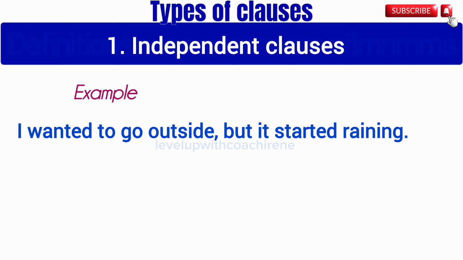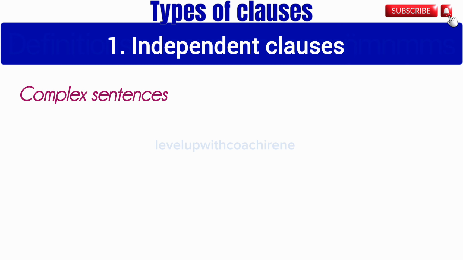For example, I wanted to go outside, but it started raining. In this sentence, you can see that "I wanted to go outside" and "it started raining" are two independent clauses. However, they were joined by a coordinating conjunction, but.